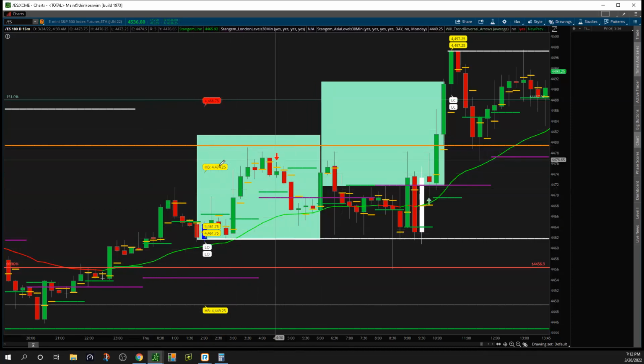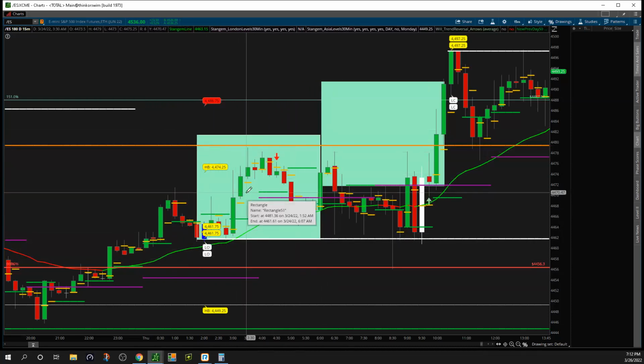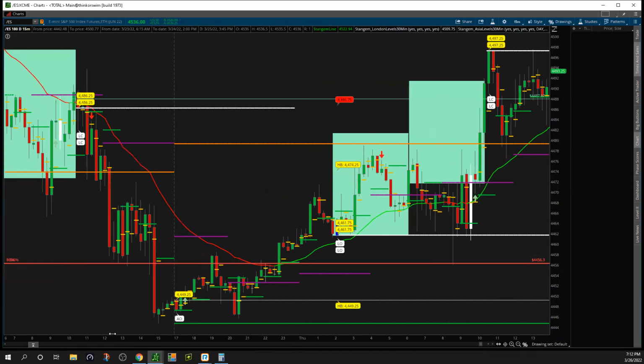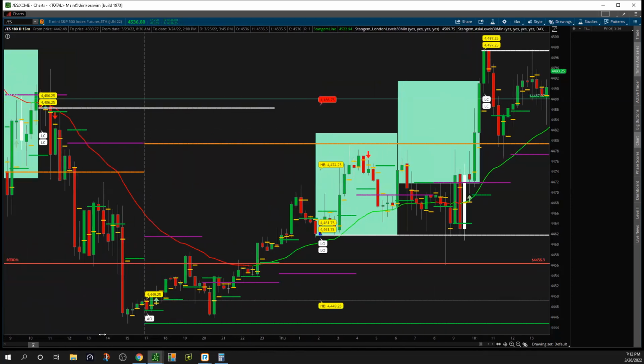So you could use that as a key. But we know that if London open holds, then we're going, okay? But we've got other things here.